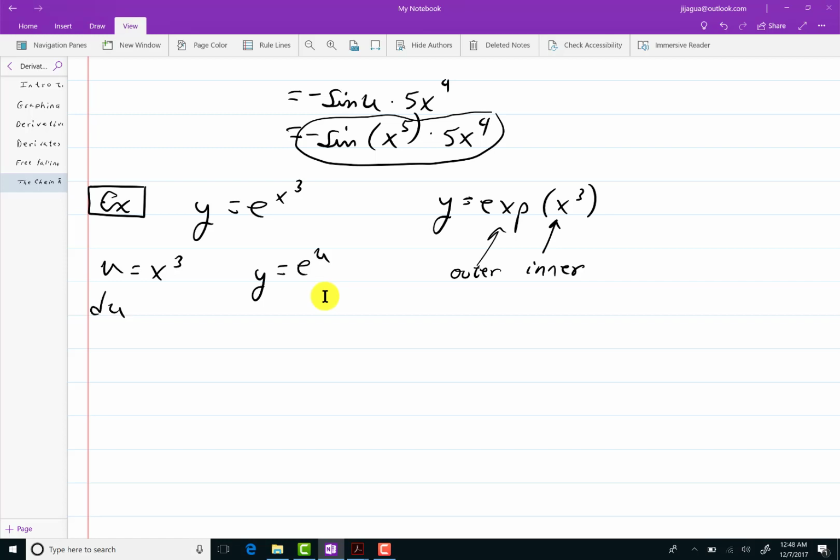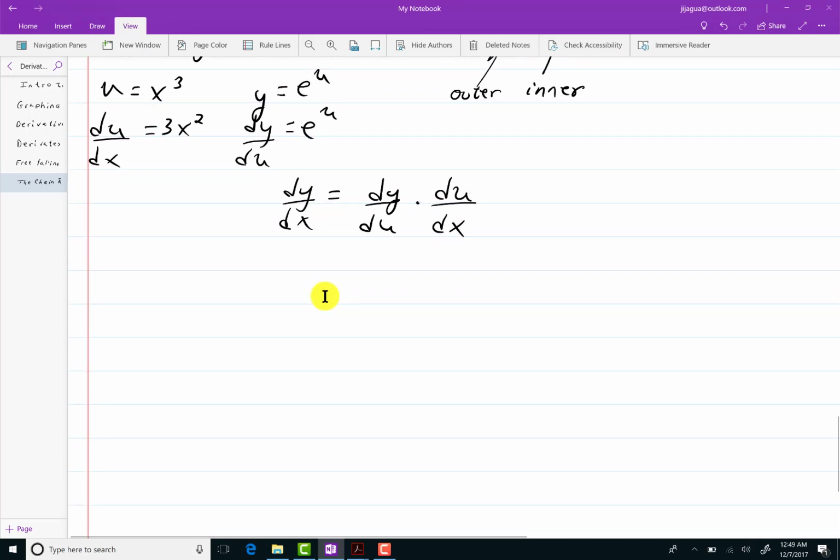So then du over dx equals 3x squared, dy over du equals e to the u, and so dy over dx equals dy over du times du over dx, which equals e to the u times 3x squared, and I'll replace u with x cubed, so I get e to the x cubed times 3x squared.